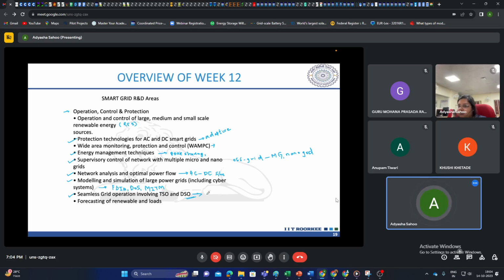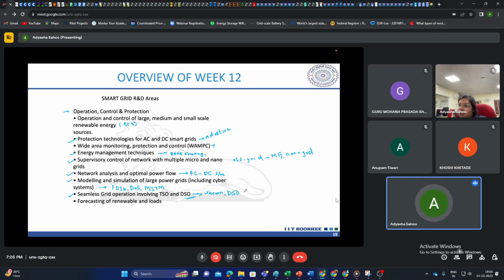But till now, no body has been formed in India who can act as DSO. So there are ongoing debates about who is going to play the role of DSO in India. Basically, will it be the discoms whose roles will be upgraded to the DSOs, or do we need the formation of a separate body for the distribution system operator.